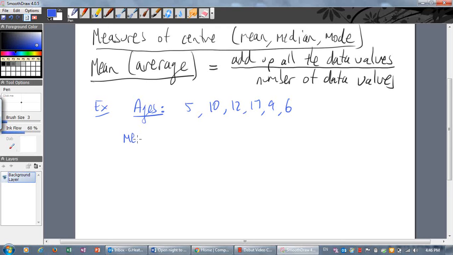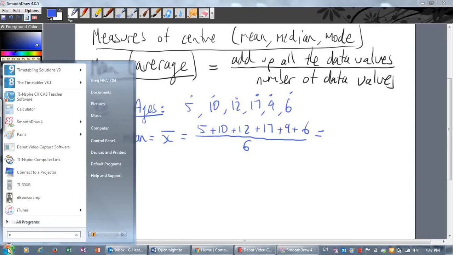So the mean, we always write it as x bar. So this just means the average of all the x's, of all the data values, is equal to, we add them up, 5 plus 10 plus 12 plus 17 plus 9 plus 6, we add them all together, and then we divide by how many data values there were. How many are there? 1, 2, 3, 4, 5, 6. So we divide that by 6.